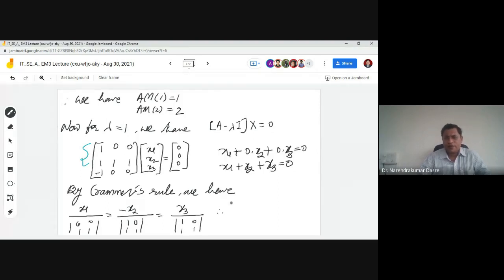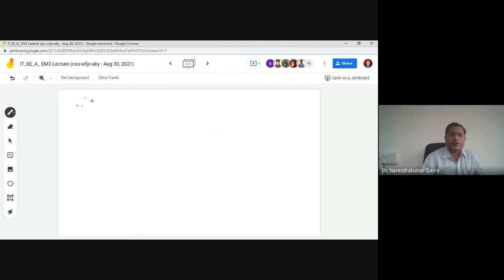So x1 upon 0, because these terms are going to be 0, equal to x2 upon, this term is going to be minus 1, and for x3 we'll be having 1. Hence the first vector x1 is 0, minus 1, 1.